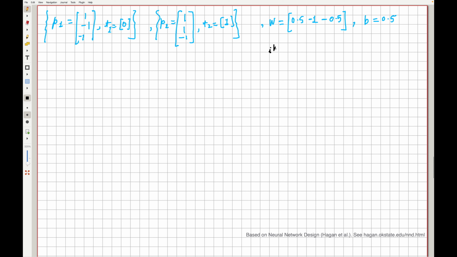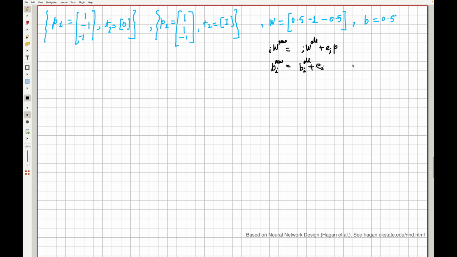W_i new is going to be equal to W_i old plus e_i P, so let's write that clearly, e sub i P. And the value for the bias b_i new is equal to b_i old plus e_i.